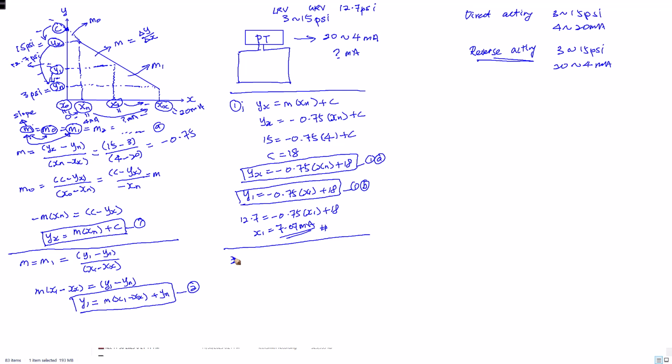If you want to use equation 2, then it will be y1 equal to m times (x1 minus xx) plus yn.